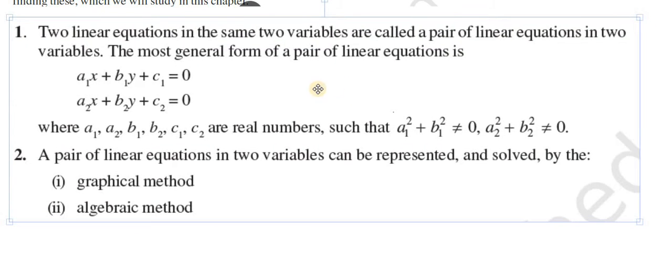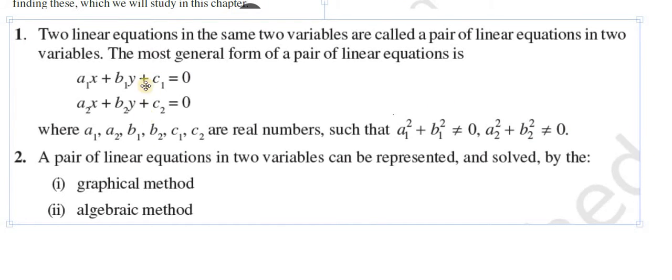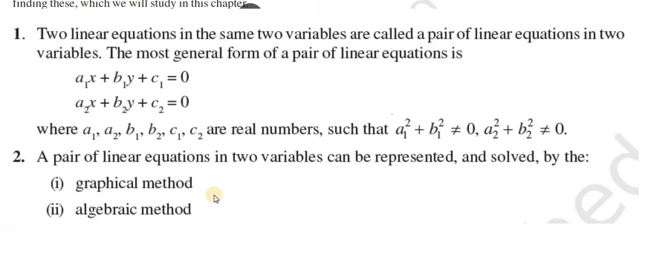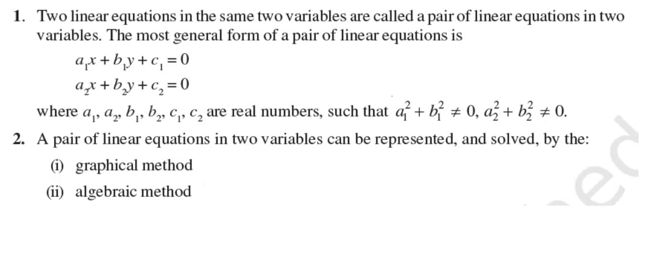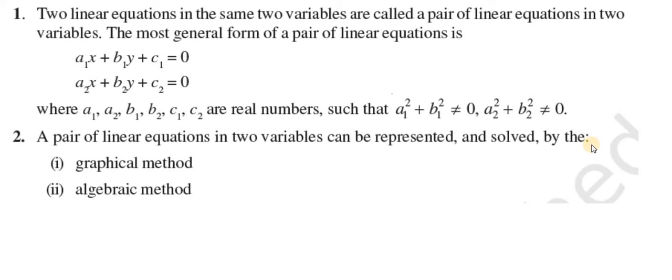The most general form of the pair of linear equations is a1 x plus b1 y plus c1 equal to 0 and a2 x plus b2 y plus c2 equal to 0, where a1, a2, b1, b2, c1, c2 are real numbers. We can solve this simultaneous linear equation, or pair of linear equations, by two methods. One is the graphical method and the other is the algebraic method.